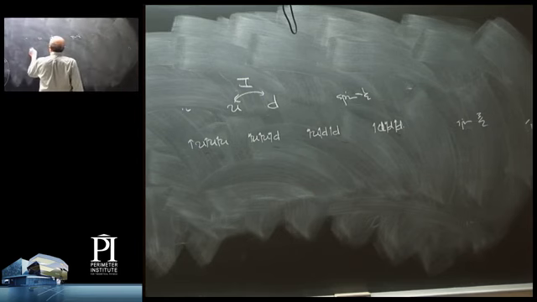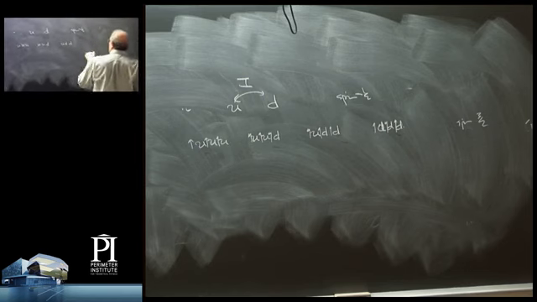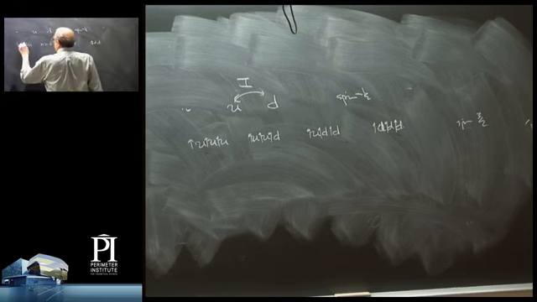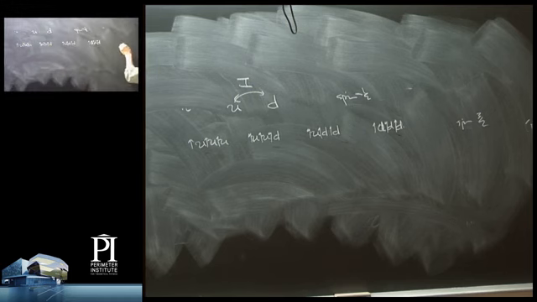I could have UUU, UUD, UDD, or DDD. If I align all the spins of these particles, I'll get spin 3/2 particles, and I get 4 of them.